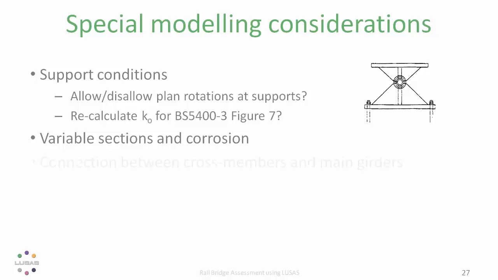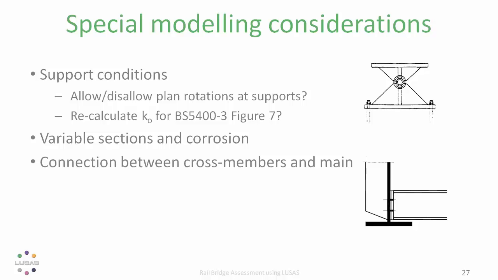Thirdly, the connection between the cross members and the main girders. In our example, the manual calculations to clause 9.6.4.13 showed that the connection itself was effectively rigid by comparison to other parts of the U-frame. So we could know in advance that the flexibility of the connection could be neglected in our model.